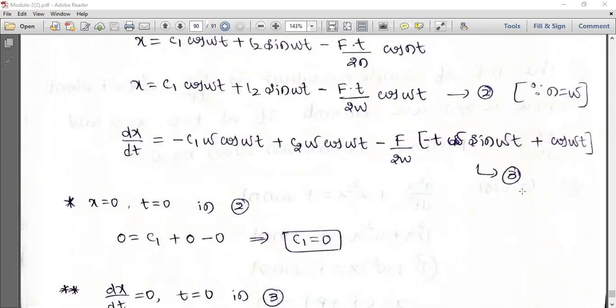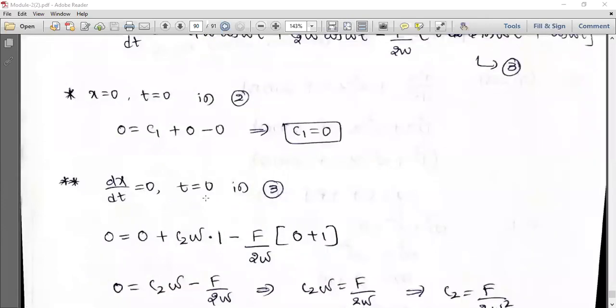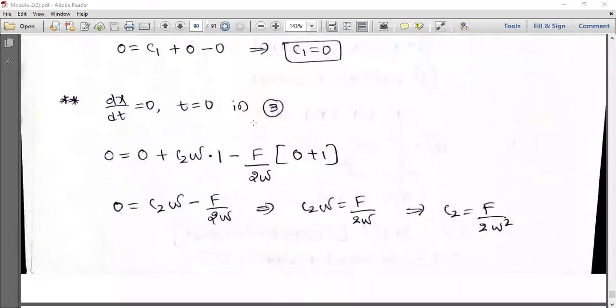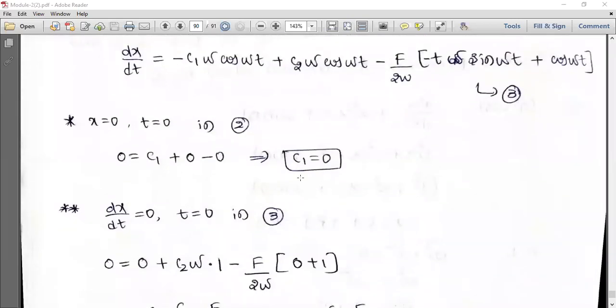Next, dx by dt equal to 0, t is equal to 0. So therefore 0 is equal to 0 plus C2 into omega into 1 minus F divided by 2 omega into 0 plus 1, because I am substituting t equal to 0. And C1 is equal to 0, that also I have substituted.